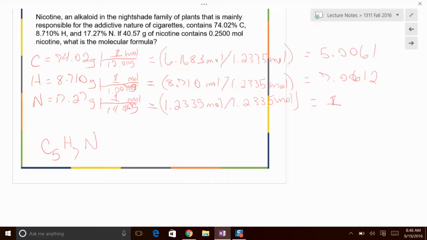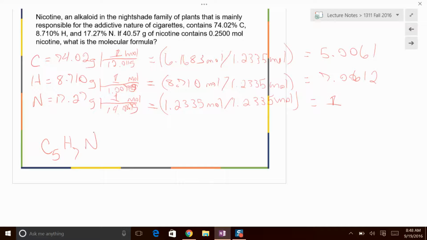Now, I need to determine the molecular formula. The molecular formula should be determined from the molecular mass. And the molecular masses are like these ones over here. The gram mass is over here.